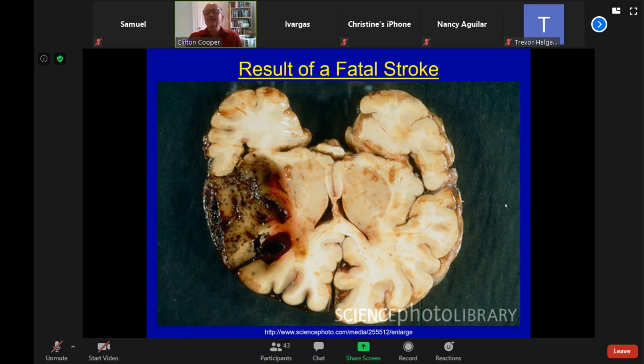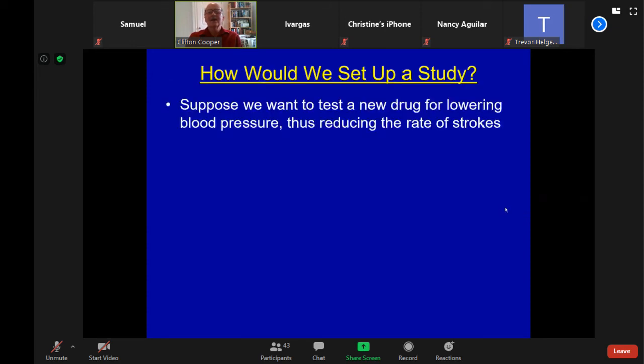Well, one of the things that we would look at to try to reduce the risk of stroke is reducing blood pressure, because we have a serious problem in this country with people having elevated blood pressure. I'm one of them. I'm at risk of that sort of thing. I'm taking several drugs for blood pressure myself.